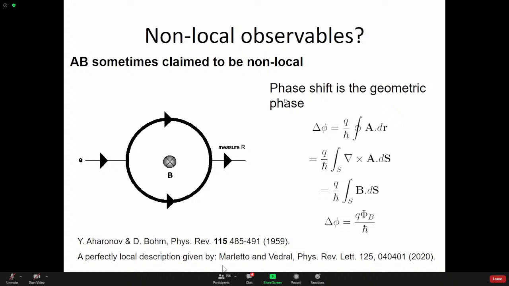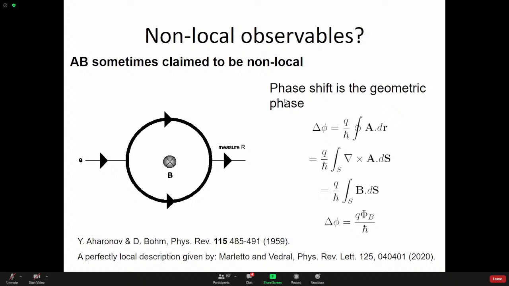And if you want to read a bit more, I'm alerting you maybe here to a paper by Chiara Maletto and myself, where we in fact apply this logic even to the Aharonov-Bohm phase. And of course, the Aharonov-Bohm interferometer is just one particular instance of the interference that we've been describing.